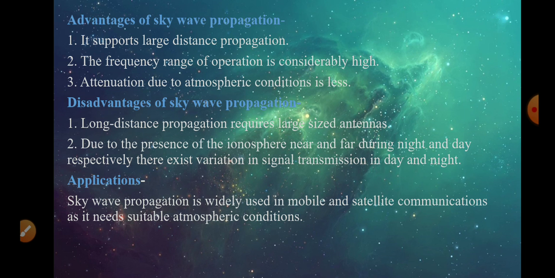So this is one of the disadvantages. And in the night time, what will happen, as we said, the F1 and F2 layers will combine and the D layer vanishes. So we can say that it ultimately affects the quality of the signal.